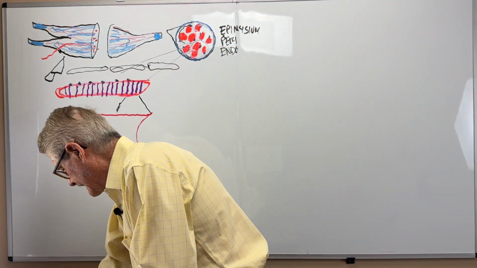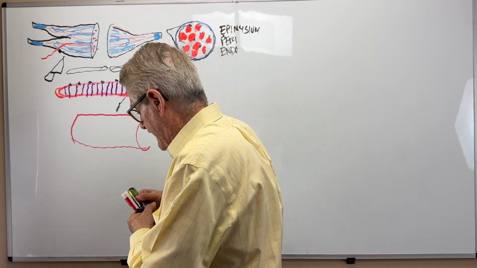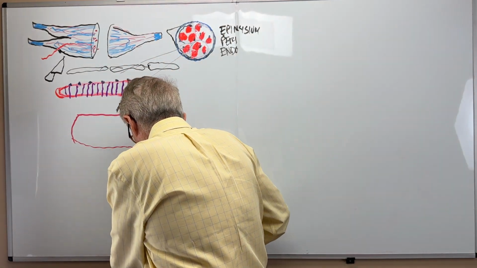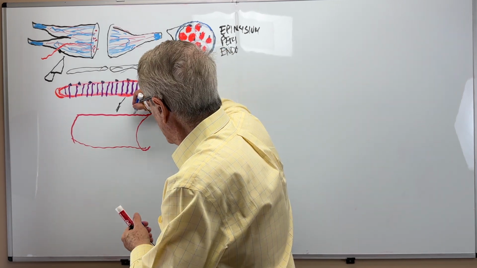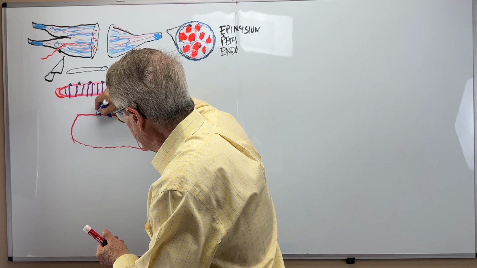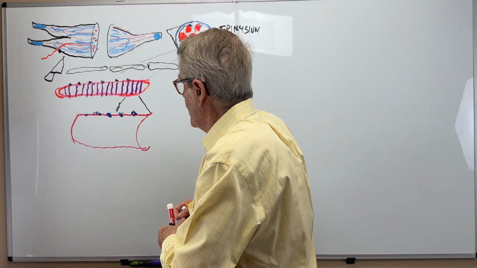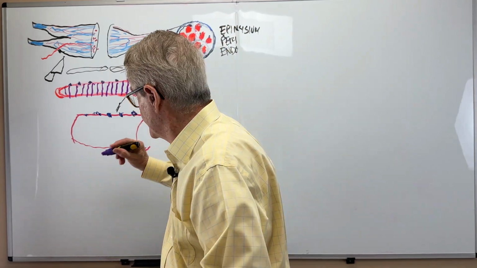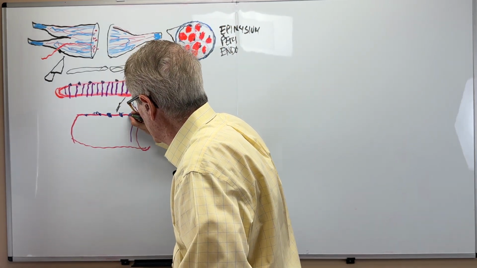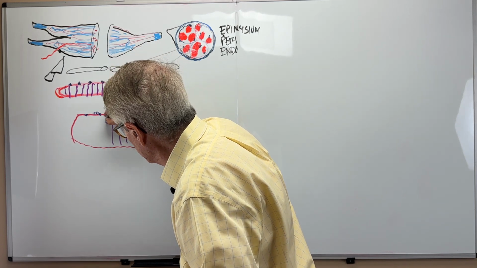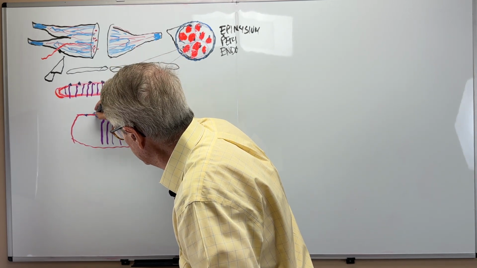And the nuclei are going to be, let me use another color, placed at the periphery. And obviously, we're going to have numerous striations that go one way, which I'll try to make as broad as I can.